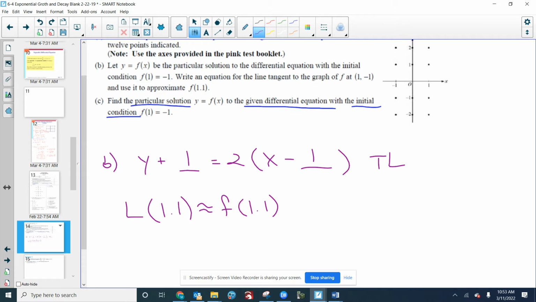I don't know what the f(x) function is. I don't know how to plug in 1.1 into f, or maybe it's pretty difficult to plug it into f. It's okay. I'm going to use the line. Here's a quick little reminder. Crazy function. (1, -1).